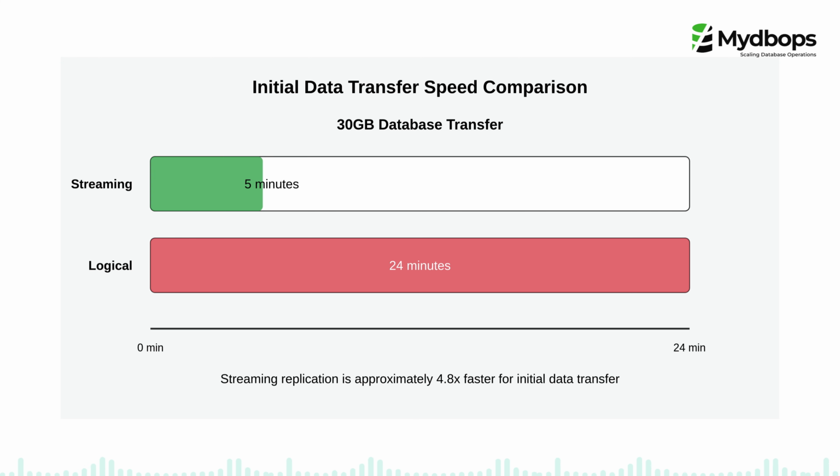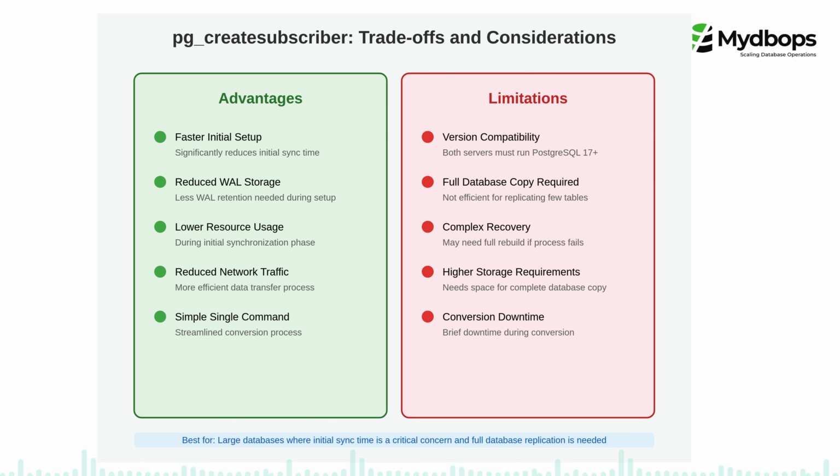I have to ask, it sounds almost too good to be true. Are there any downsides? Are there situations where this wouldn't be the best approach? That's a good question. While pgcreate_subscriber is great for replicating an entire database, it's not the ideal solution if you only need to replicate a subset of tables.